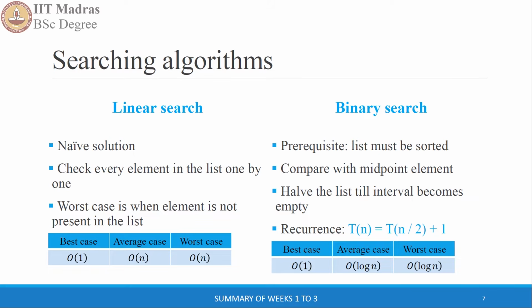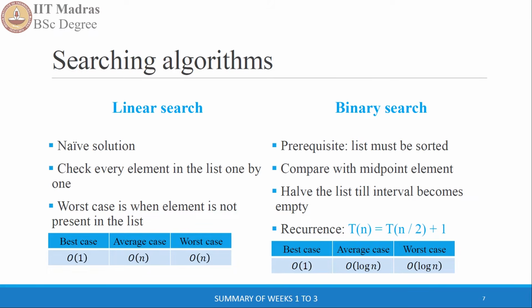But the only restriction, or prerequisite, for binary search is that the input list must be sorted. As you can see, it is a naturally recursive algorithm. Hence, we have a recurrence relation for this algorithm: T of n is equal to T of n by 2 plus 1. As you can see, binary search is faster than linear search.